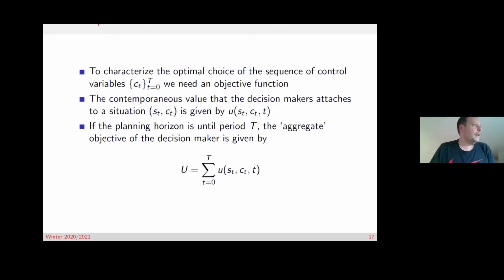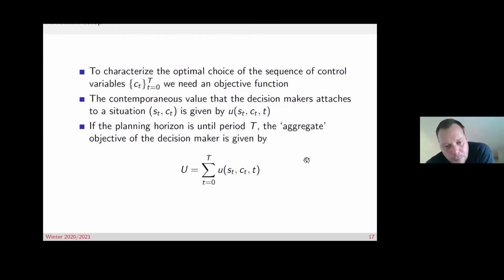In the self-driving car example, it could also be a cost function, because you want to minimize something, where you value the turning of the steering wheel and the coordinates you are in. It could be anything, basically. And what we assume is that the decision maker does not only focus on one contemporaneous reward, but aggregates all the rewards over the planning horizon.